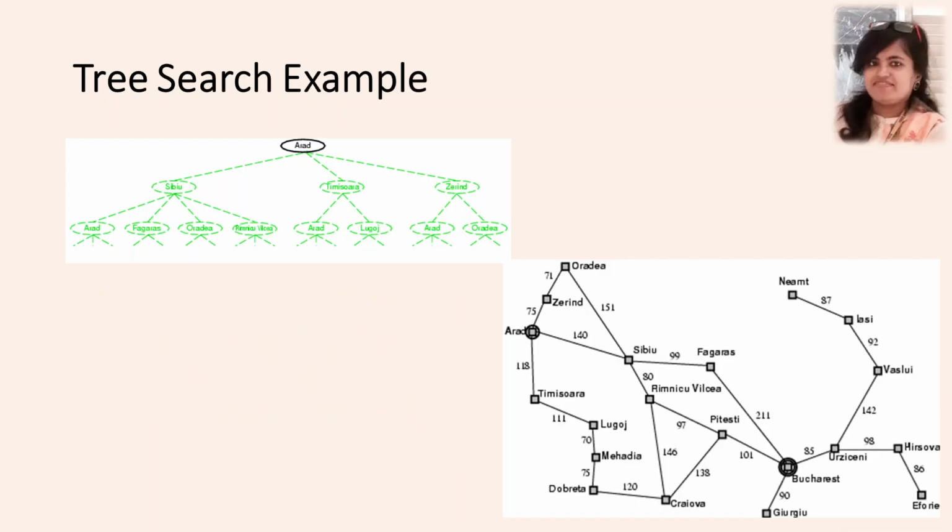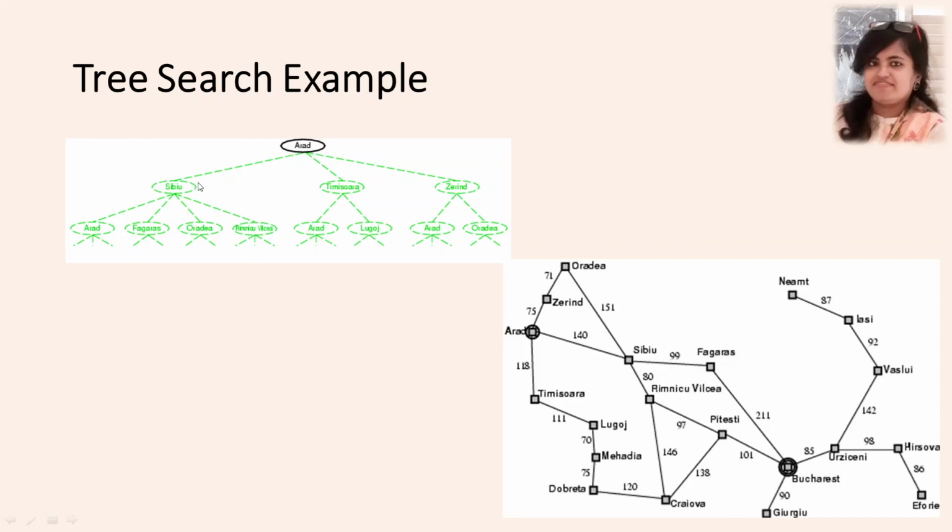So this is an example of a search tree. This figure is also taken from the book by Russell and Norvig. Here you can see, suppose you are in this particular state, Arad. From Arad, how many cities can you go to? You can go to 3 cities: Sibiu, Timisoara and Zerind. So there are 3 possible child nodes for the mother node Arad.